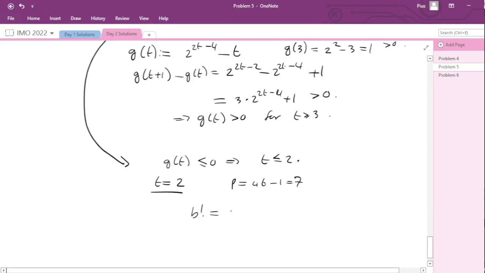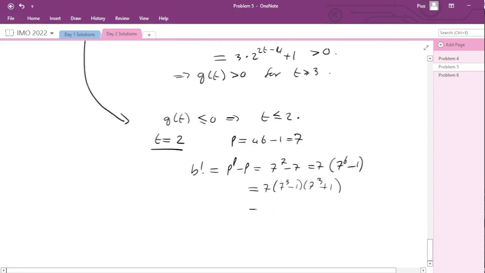So now we have b factorial should be p raised to power p minus p, with p as 7. We can factorize this once again. We can look at this as a difference of two squares.